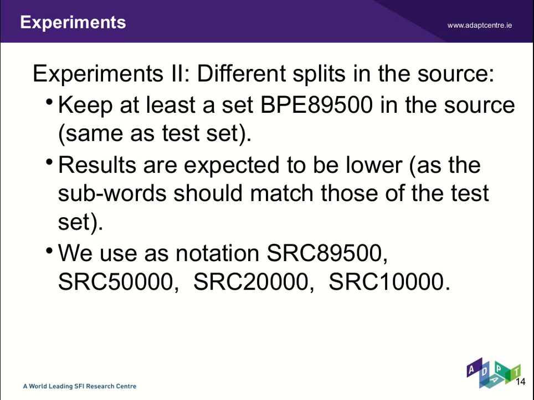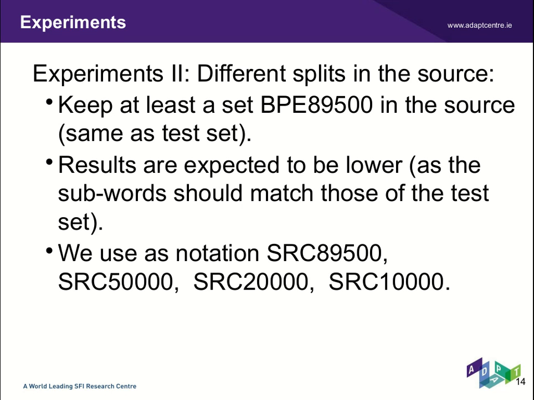Now let's move on to the second set of experiments. We are going to do the opposite: we are going to keep a BPE of 89,500 on the target side, and we are going to use different BPE approaches on the source side. And as the test set has been split with 89,500 merge operations, we are going to have at least one dataset that has this configuration.